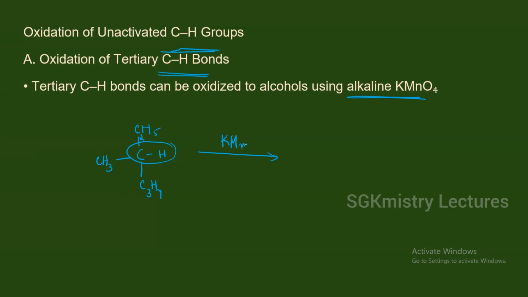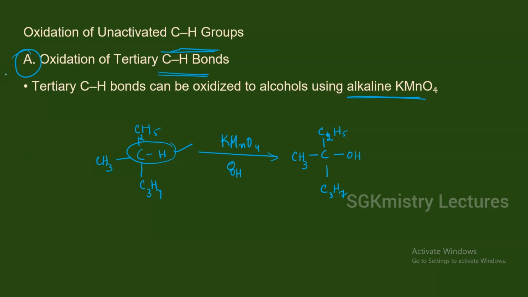So let us take KMnO4, alkaline conditions. Only this CH is converted to COH, and all other groups remain the same: CH3, C3H7. So this is with respect to the oxidation of the unactivated CH bonds.